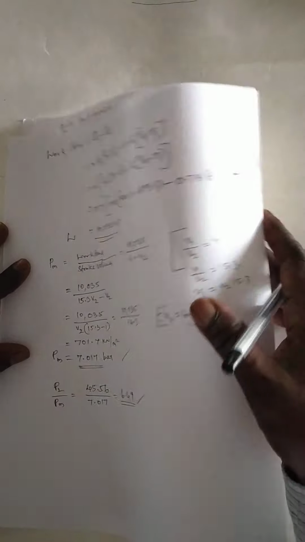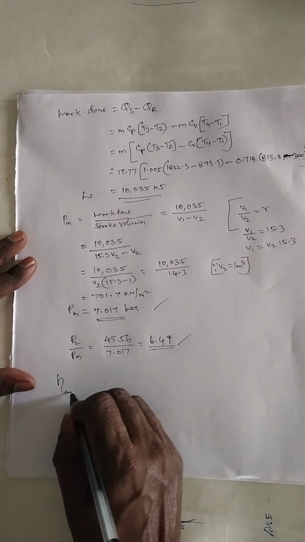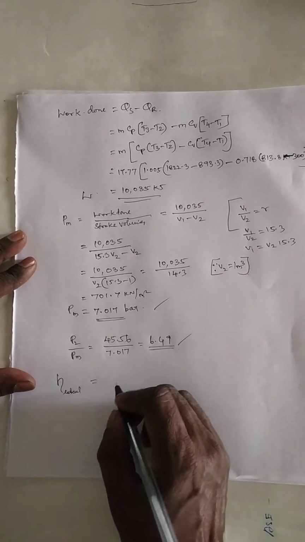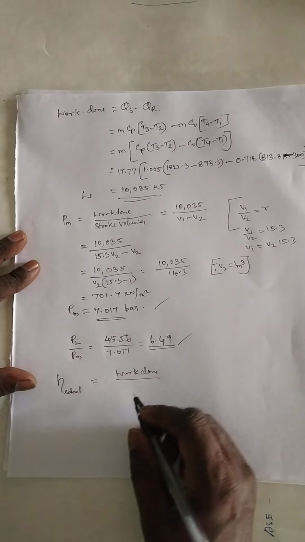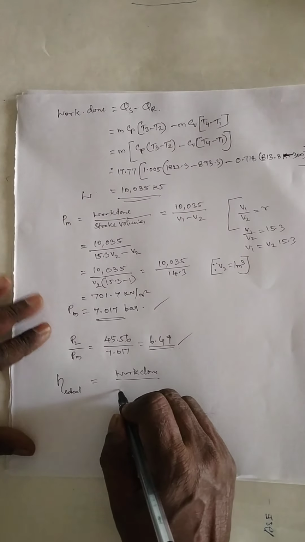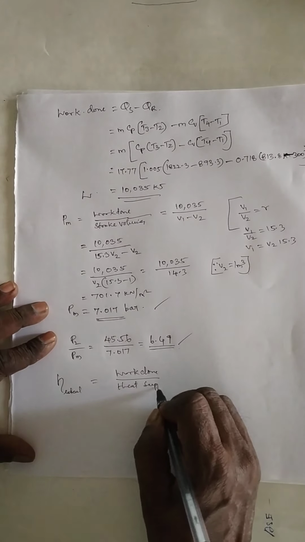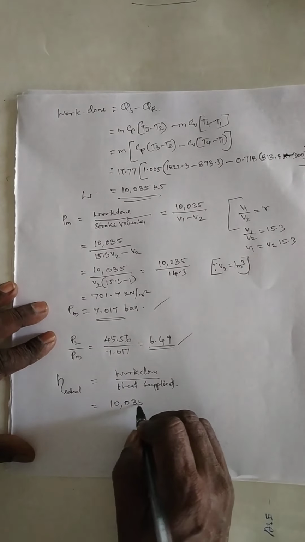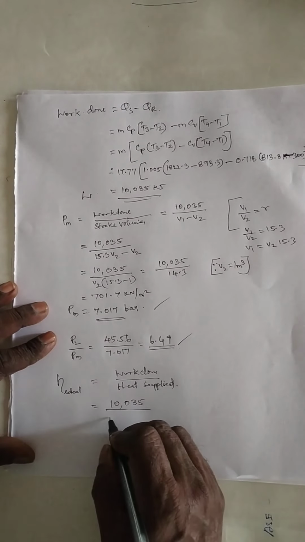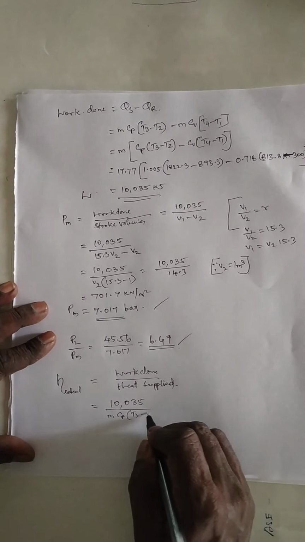Now we have to find out the cycle efficiency. Ideal cycle efficiency is work done by heat supplied. Work done is 10,035 kilojoules, and heat supplied is m into Cp into T3 minus T2.